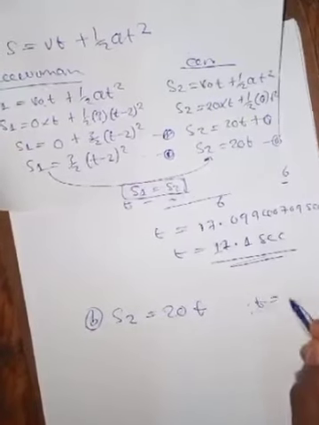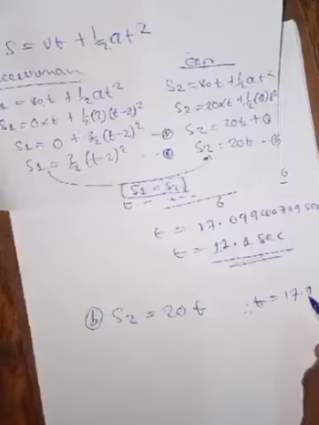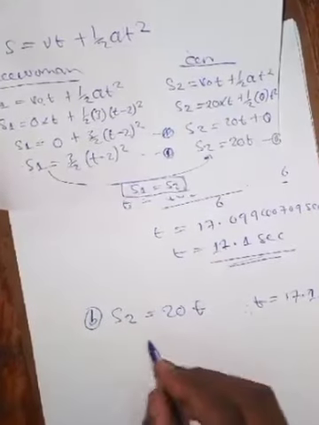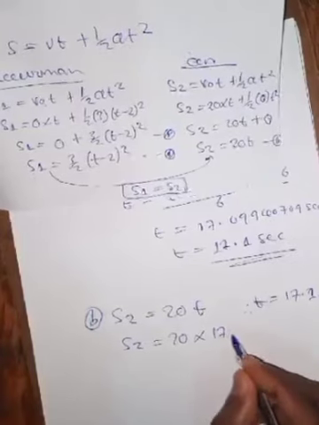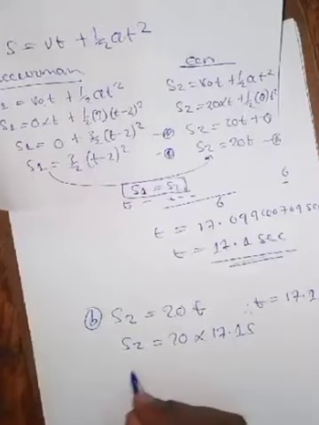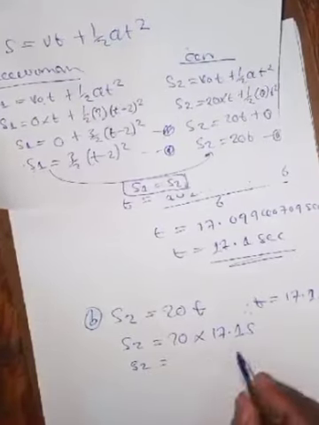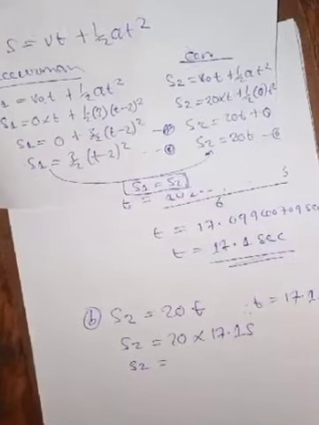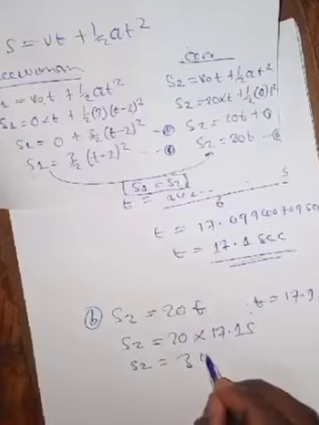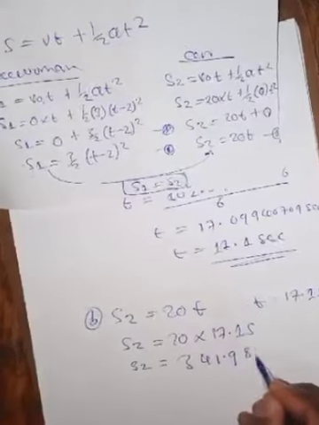We have S2 is equal to 20 times time. Our time in this case is 17.1 seconds. So we replace there. S2 is equal to 20 times 17.1 seconds. S2 is equal to 20 times answer.